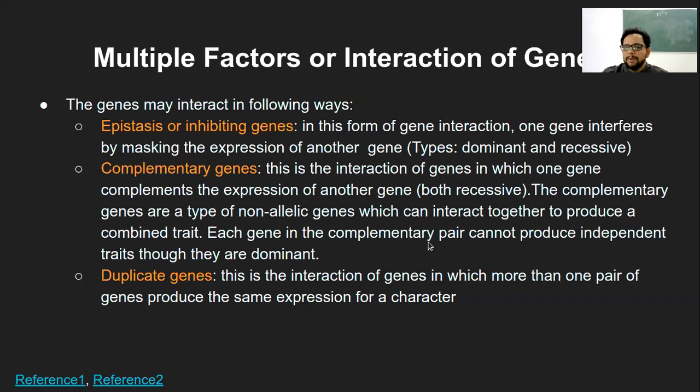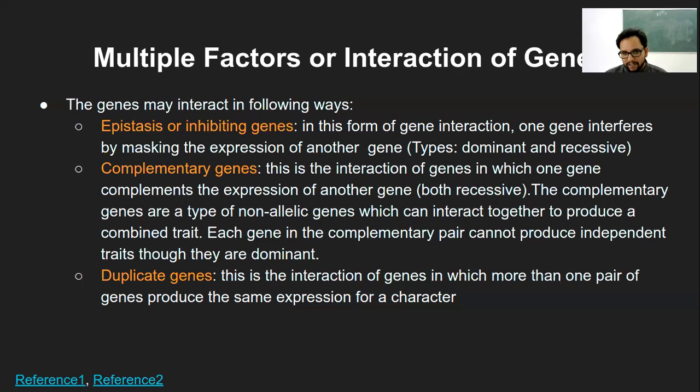Each gene in the complementary pair cannot produce the independent trait, though they are dominant. Even if these genes are dominant, they cannot individually produce their traits. If they are recessive, obviously there is no chance that they can produce their own trait. But if they are dominant, still they cannot produce the trait. That is the phenomenon with complementary genes. And again, we will see the example, so there you will get more clarity about this.